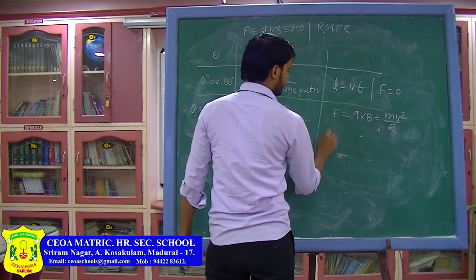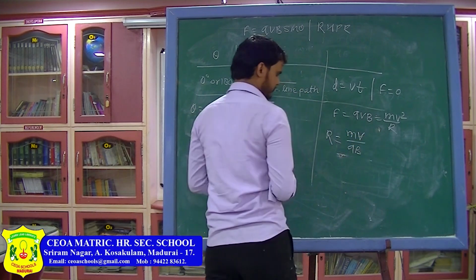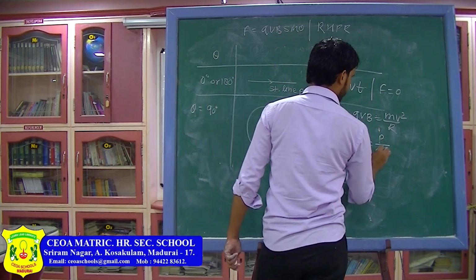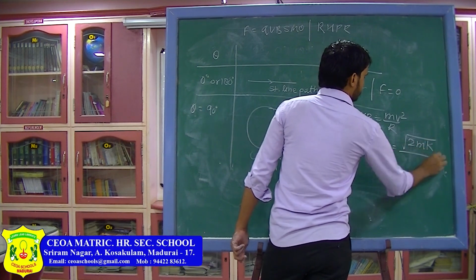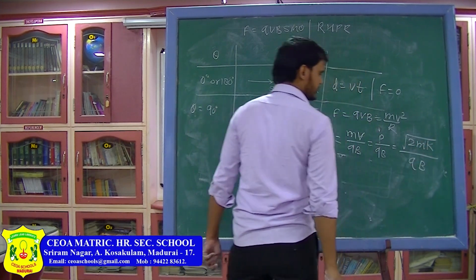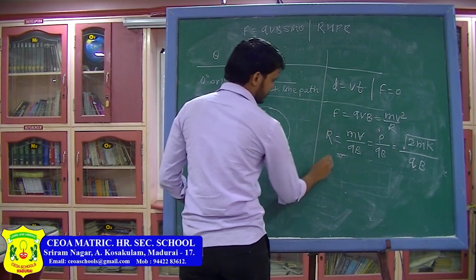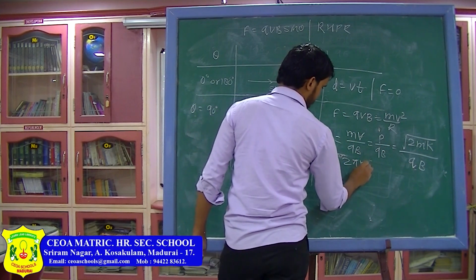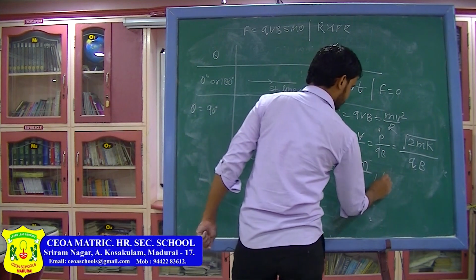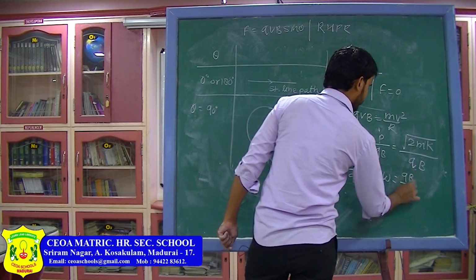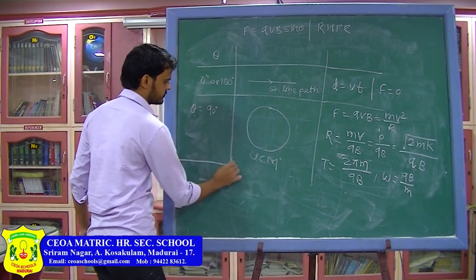From here you can write the radius formula as mv divided by qB, which is equal to p divided by qB, and this is equal to root of 2m times kinetic energy divided by qB. Then the time period of the particle can be written as 2 pi m divided by qB, and the omega formula you can write as qB divided by m. So these are the formulas for when theta is equal to 90 degrees.